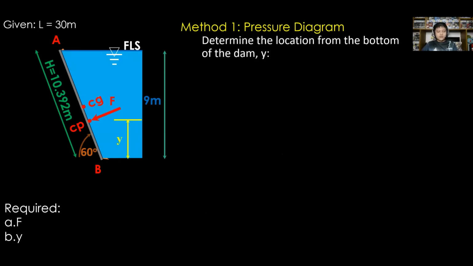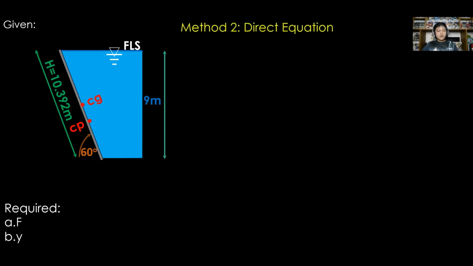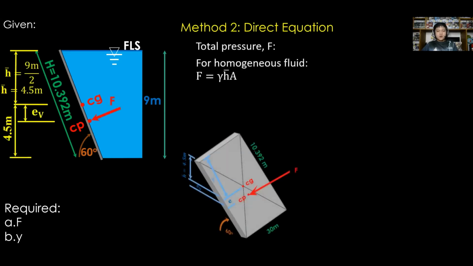For the location of F from the bottom of the dam, represented with Y, it is equal to 1/3 of H sub V. Substitute H sub V, or the height of water, as 9 meters. Therefore, Y is equal to 3 meters from the bottom of the dam. So for method number 2, determine the value of F for homogeneous fluid.